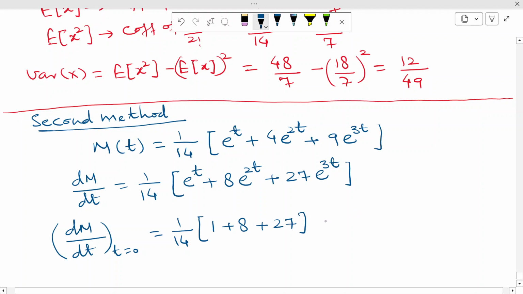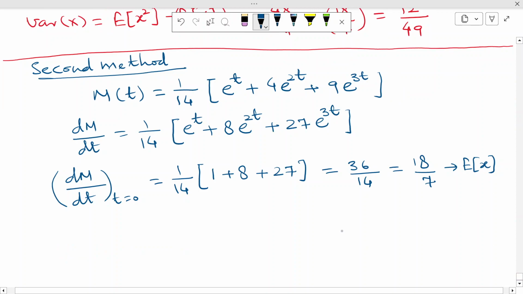So this will come out as 36 upon 14, or you can write this as 18 upon 7. So this is our expectation of x, or you can say the mean or the first moment about origin. This value is the same as we obtained previously.